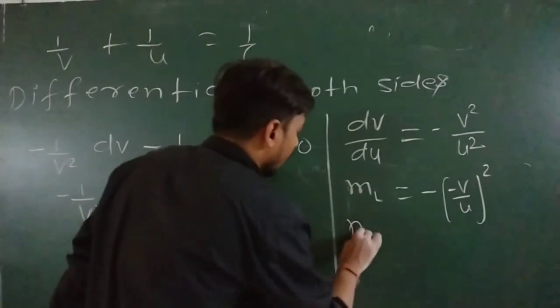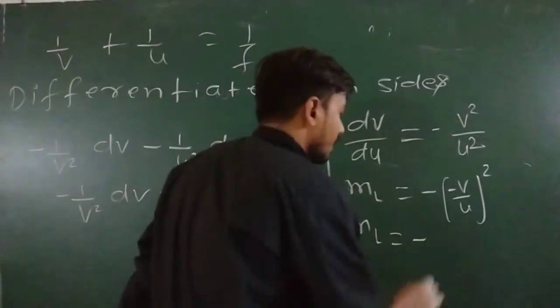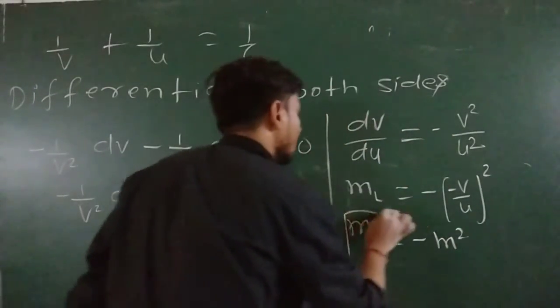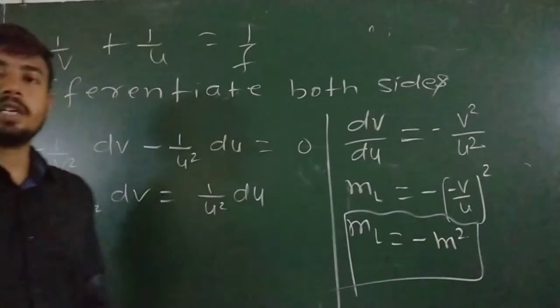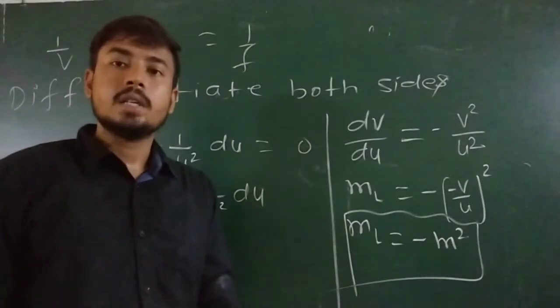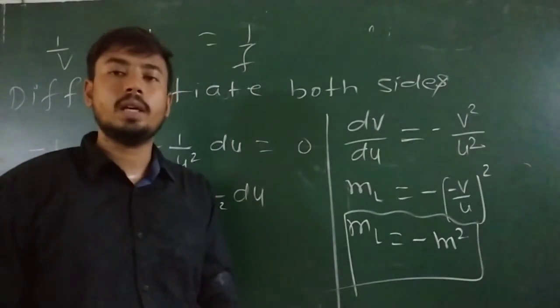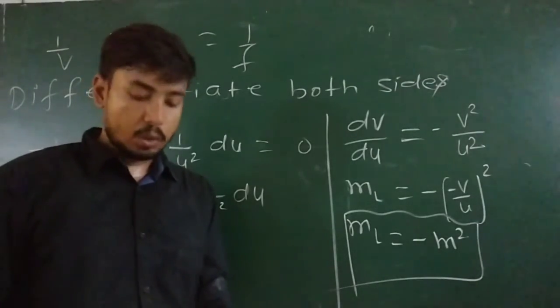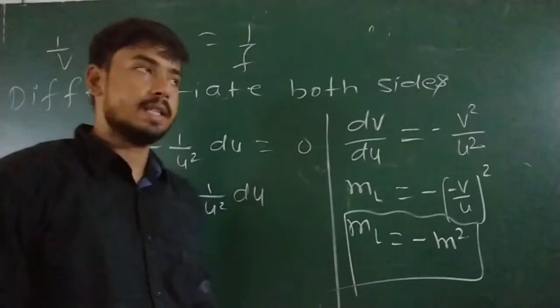So longitudinal magnification is equal to minus the transverse magnification whole square. So this is the easiest way to calculate the longitudinal magnification. Now we are going to find superficial magnification.